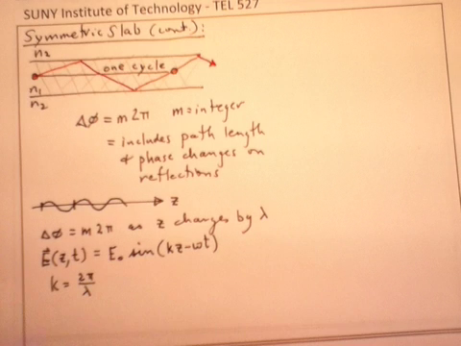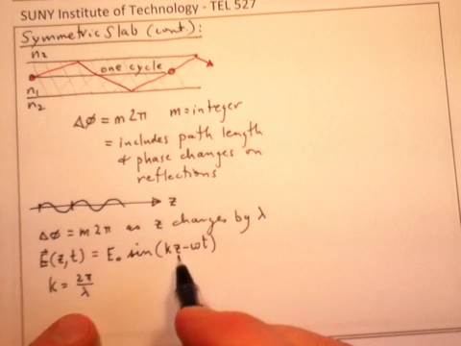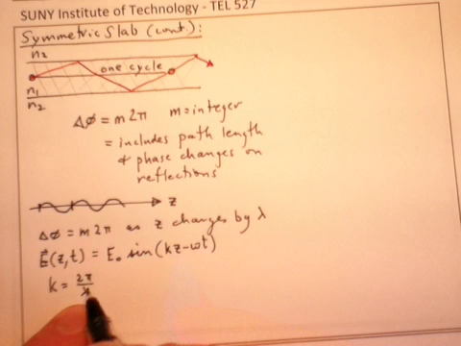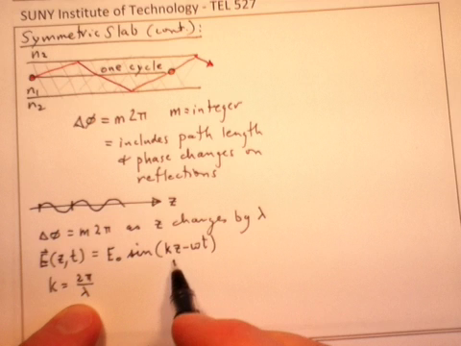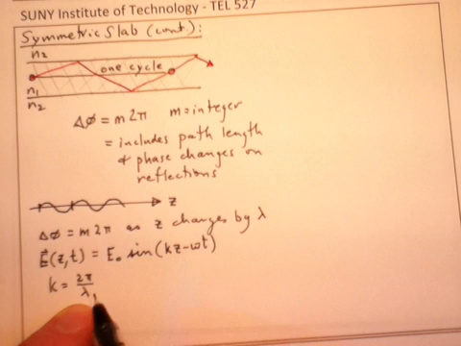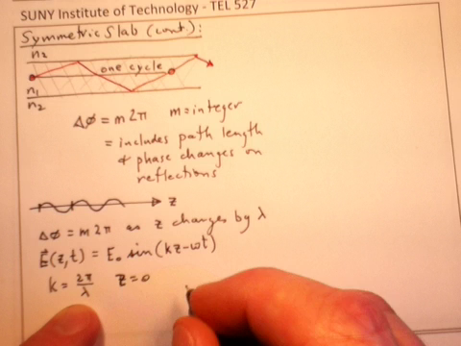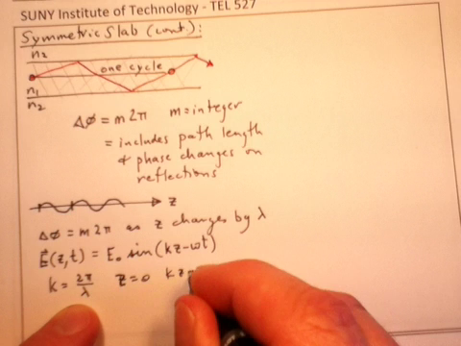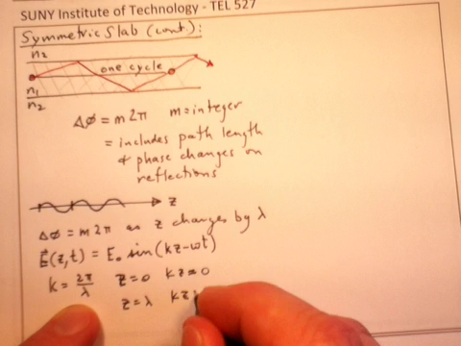Okay, so we have this term kz, and as z goes from 0 to lambda, kz advances from 0 to 2 pi. So when z is equal to 0, kz is equal to 0, and when z is equal to lambda, kz is equal to 2 pi.